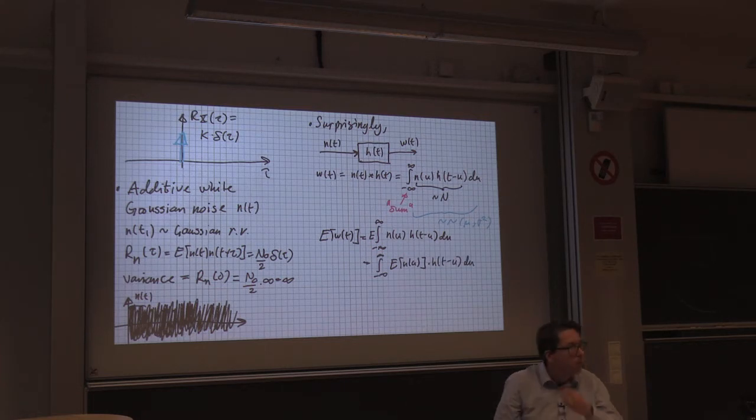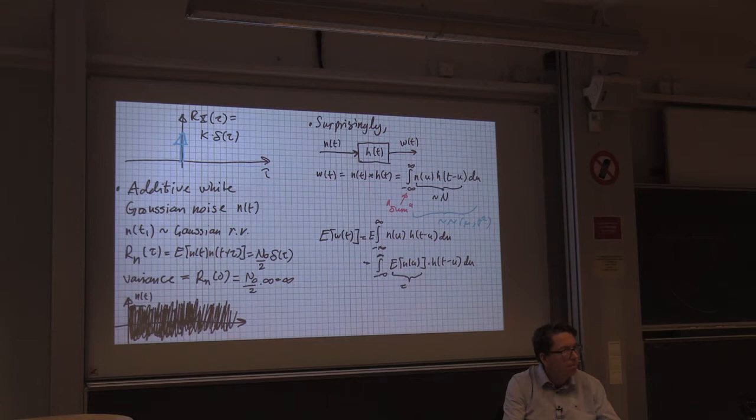We pull the expectation inside the integral, and then we pull out h, because h is not random. The only thing random in the integrand is n(u). And what is the expected value of n(u)?